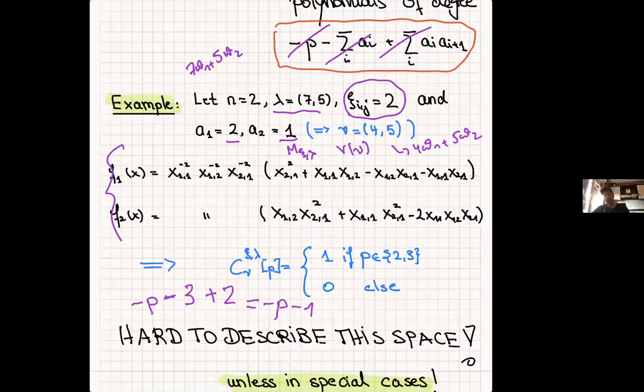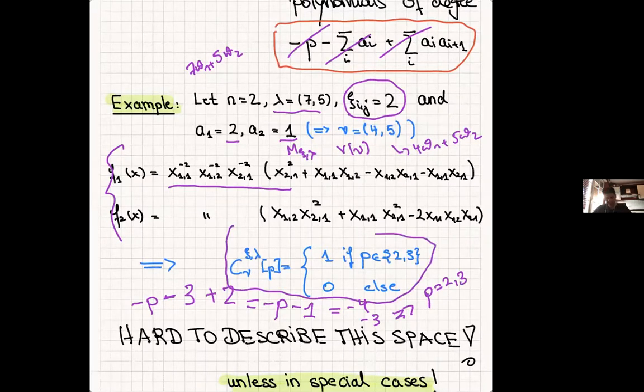So this is the homogeneous degree. Now let's look at the homogeneous degree of the first one. It's minus 4 in the first case. And in the second case, it's minus 3. So from here, it follows that p is 2 or 3. So that's exactly why this result comes out, that the multiplicity lives in degree 2 and 3.